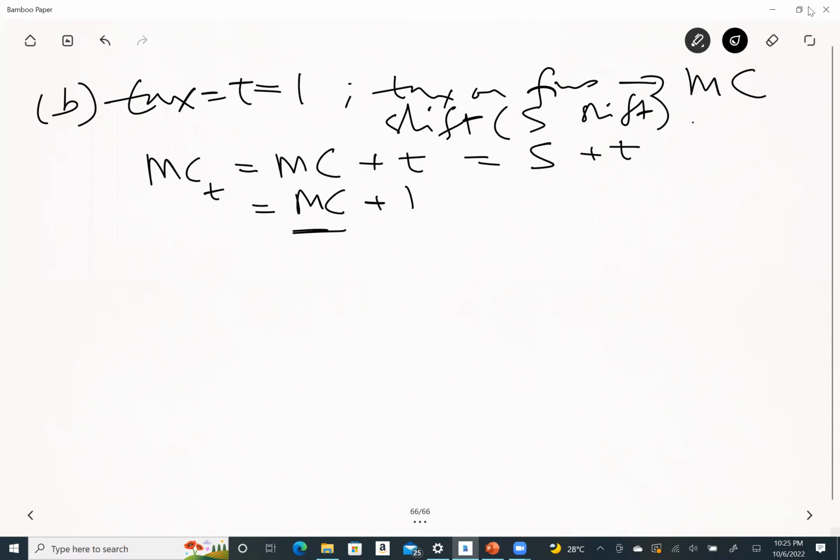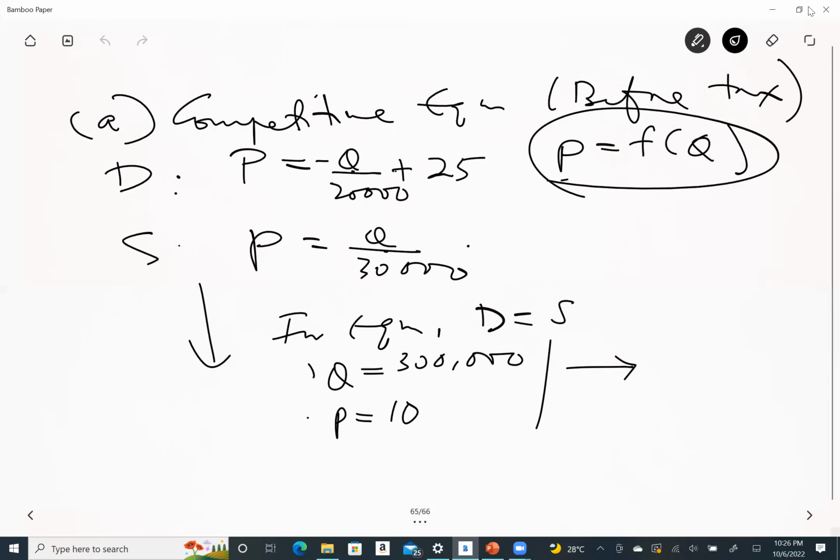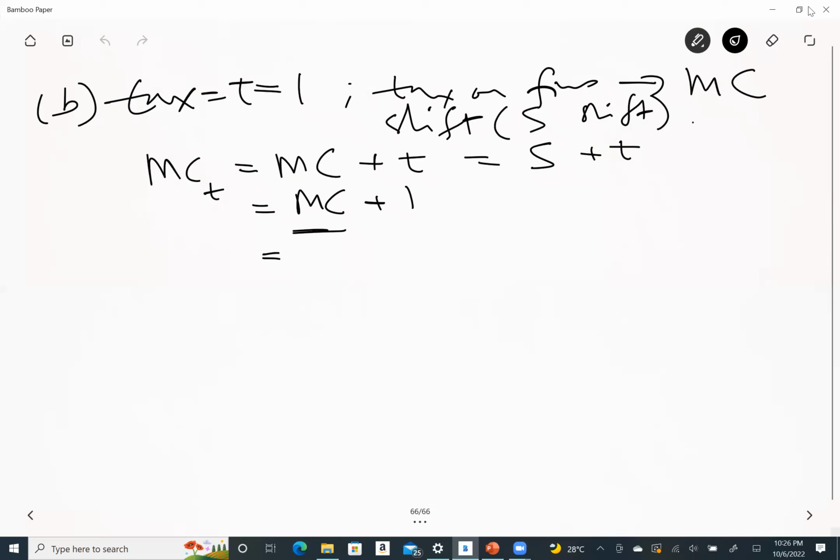Okay, you got it? You got the equilibrium? So that will be equal to negative Q over 20,000 plus 25.